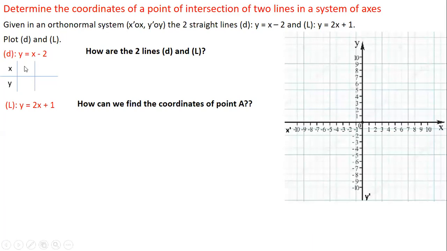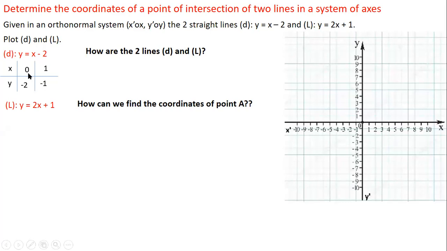0. So if x is equal to 0, let me replace 0 here: 0 minus 2, y will be minus 2. The second value for x I will take is 1. If I replace 1, 1 minus 2 is minus 1. Let us plot these points to draw the line.